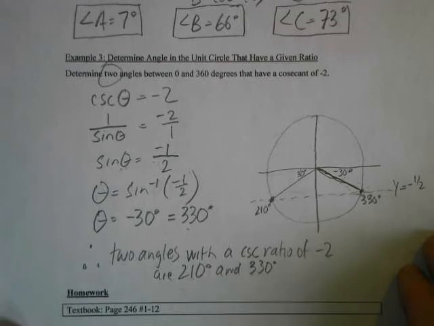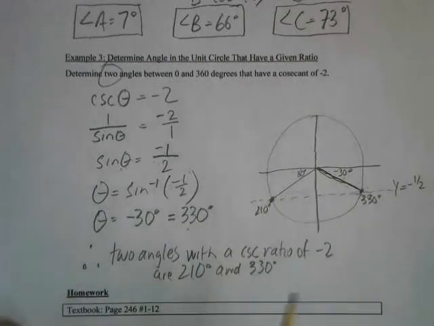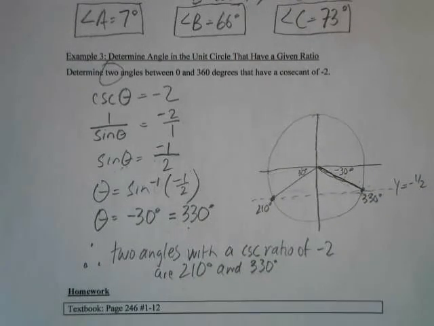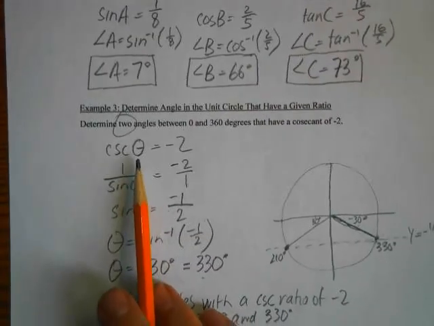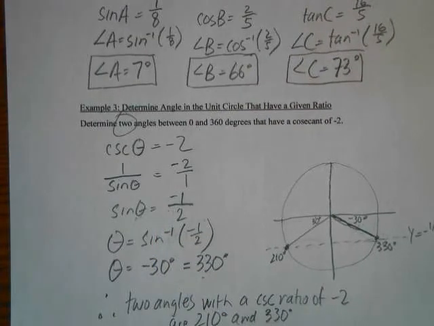If you're given a triangle to find a missing side or angle, or you're creating something from a word problem, you'll never use the secondary ratios. You'll always use sine, cosine, tan to solve. The only time you'll see cosecant, secant, and cotangent come up is when you're given an equation like this, where they ask you to solve for the angle. So you have to understand what these reciprocal ratios are and how you deal with them when you're trying to solve.